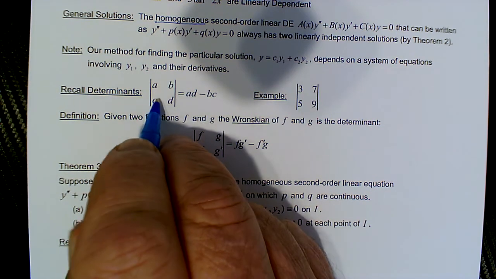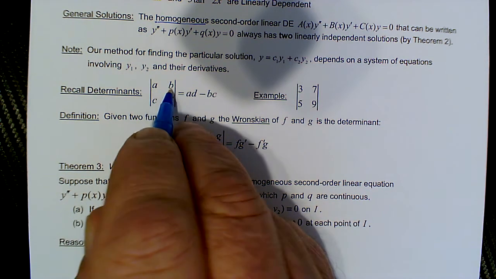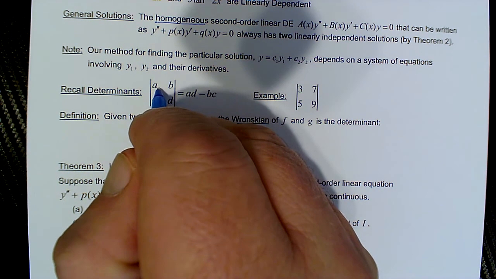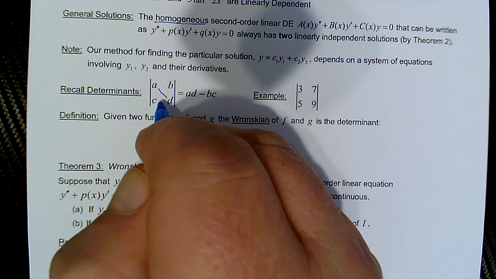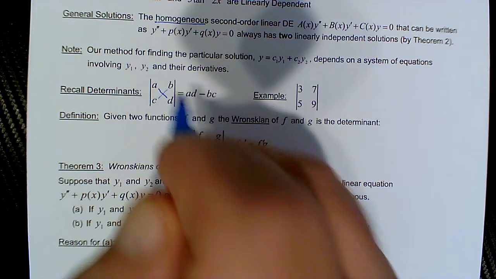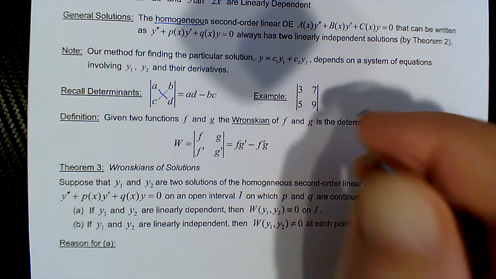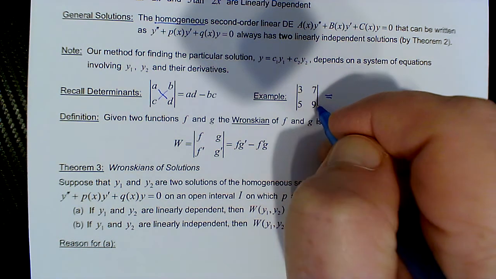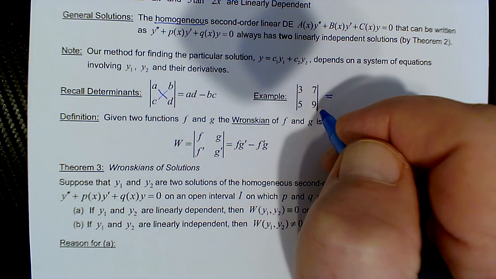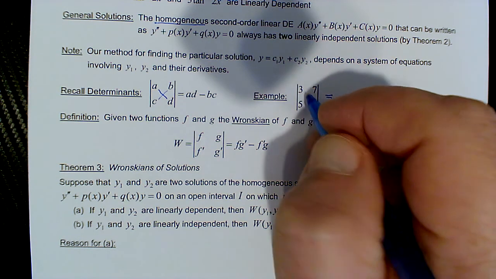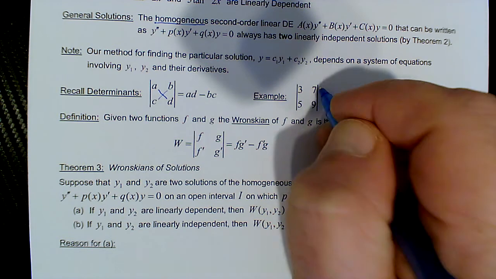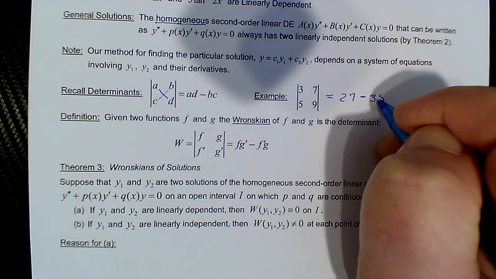The determinant of a, b, c, d is just take the product of a times d and then minus the product of b times c. So for example, in this 2 by 2 determinant, 3 times 9 is 27, and then minus 5 times 7 is 35, so that gives us negative 8.